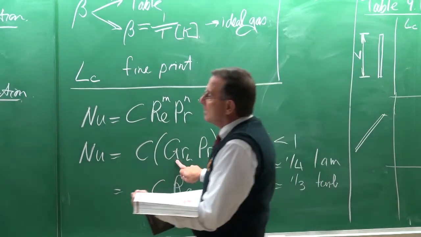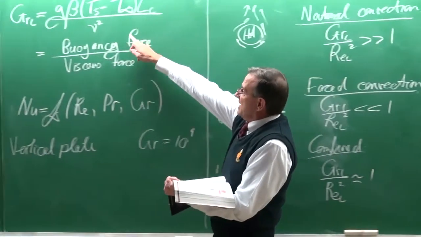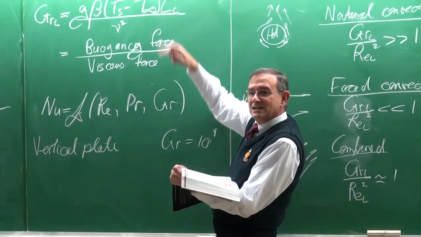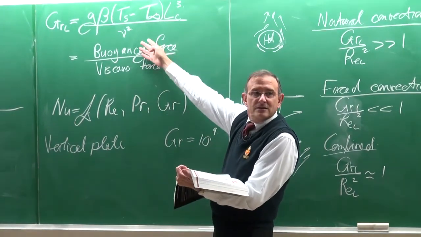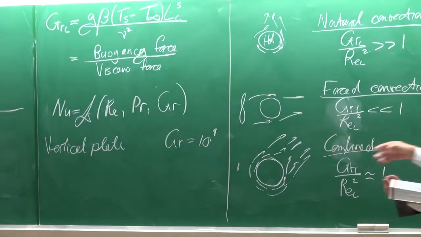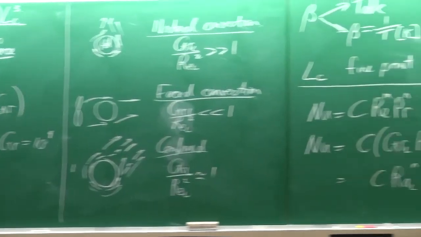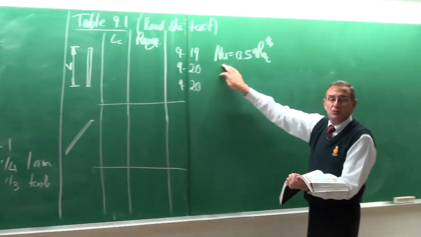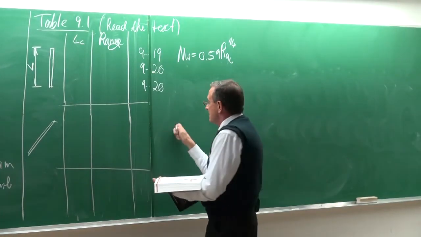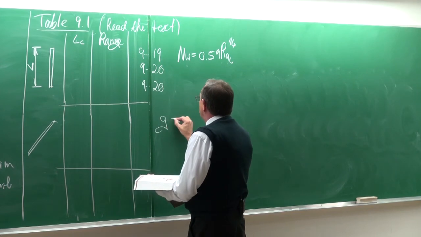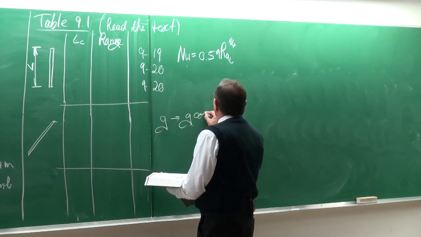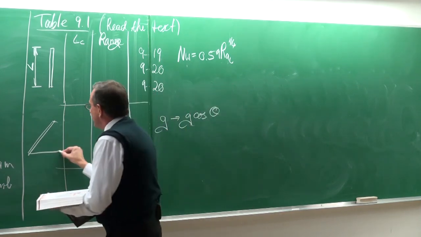The Grashof number you have to calculate like that, and they tell you the characteristic length is the length of the plate. So it's very easy to go and calculate it. To calculate firstly the Grashof number, then the Rayleigh number, put it in here, you can get the Nusselt number. So in here they say you must replace g by g cos theta, where theta is that angle.